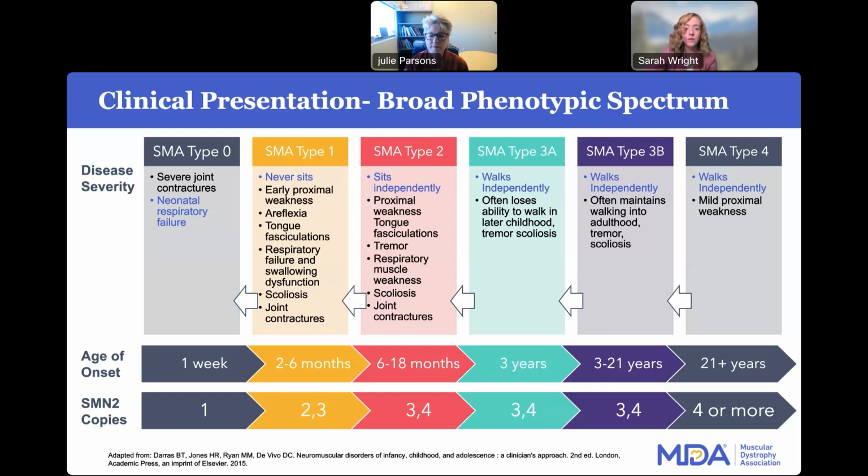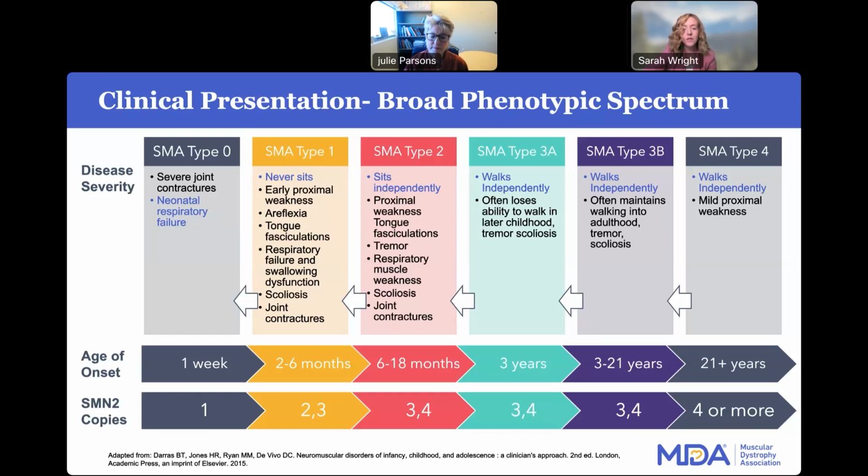Those individuals with no copies of SMN2 or one copy of SMN2 may have actually had death in utero or immediately following birth. And those babies who have type 1 were those who never sat, and they had significant proximal weakness.